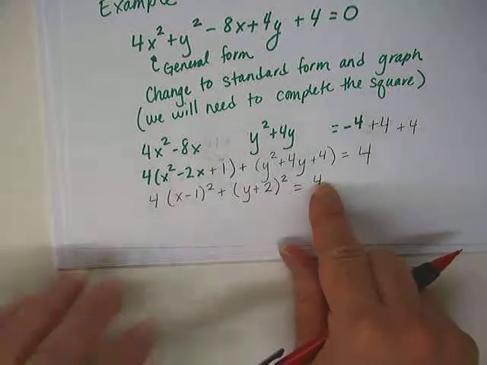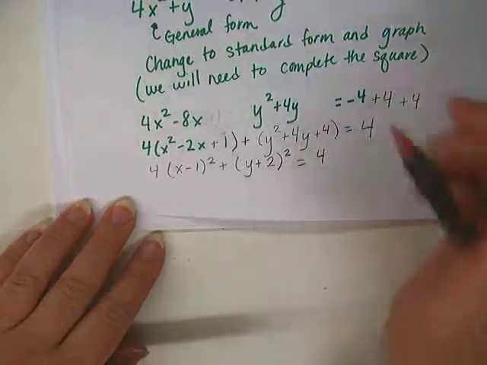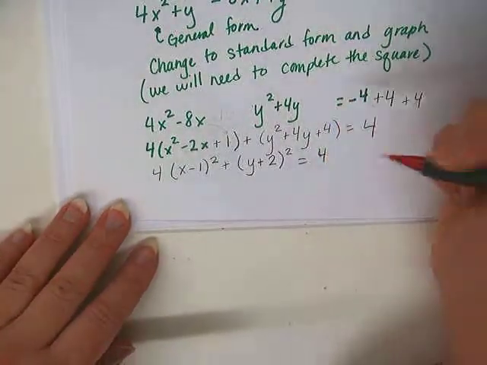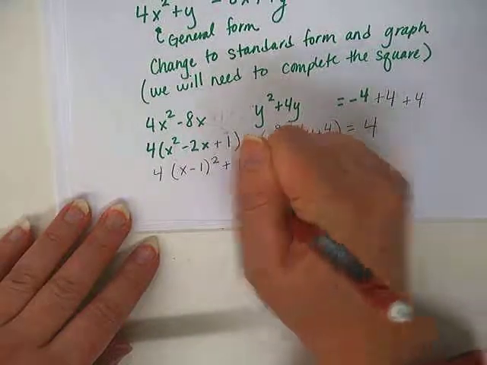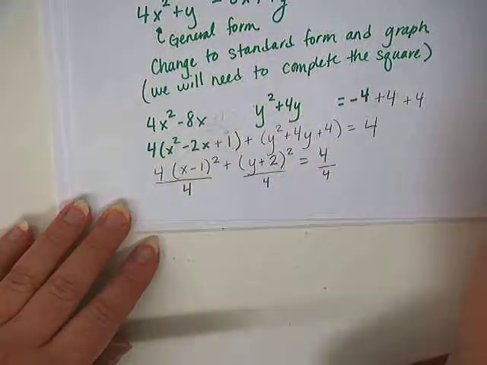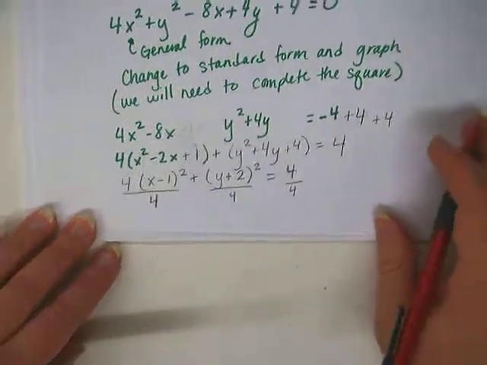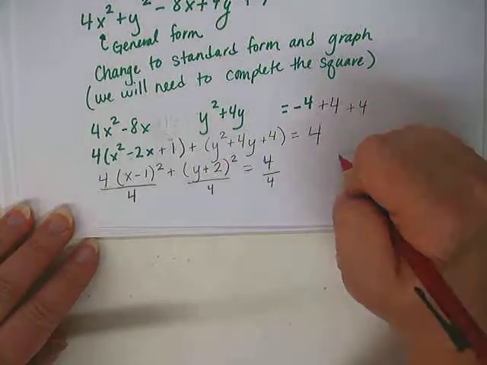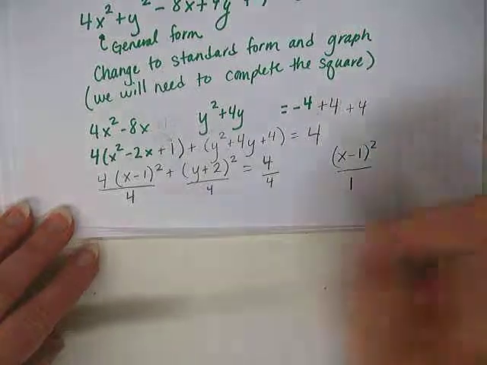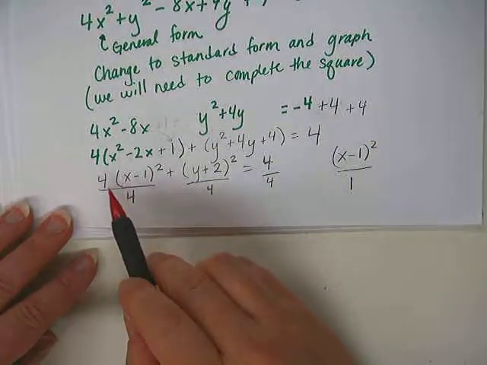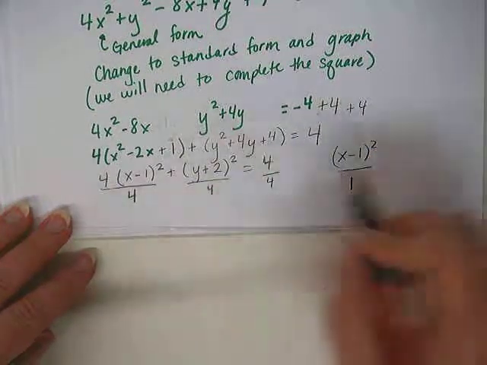Now, do we really want that 4 there? And what do we want over here? We want a 1 on this side. So how do we turn a 4 into 1 by dividing? Divide everything by 4. Okay, that's going to turn our equation into x minus 1 squared over 1.